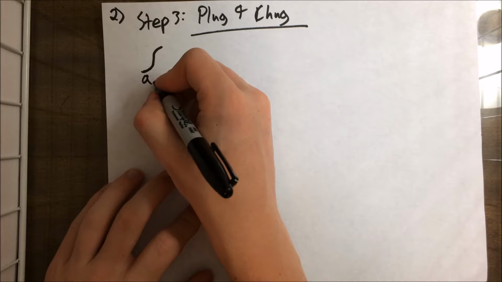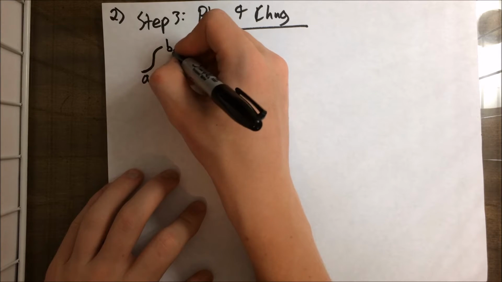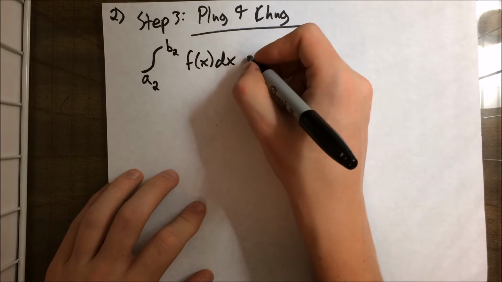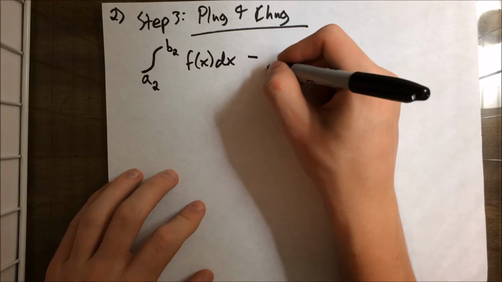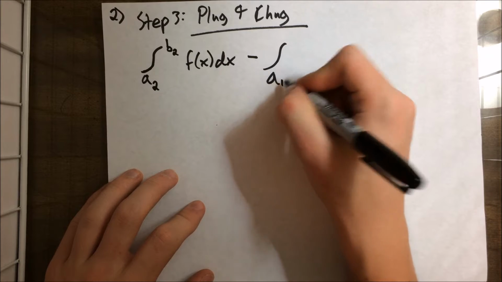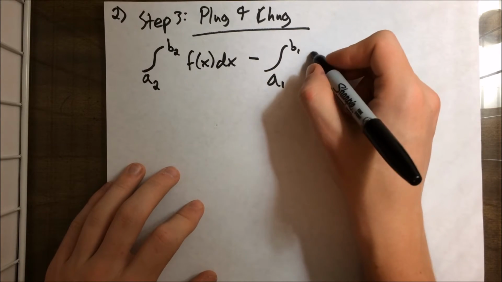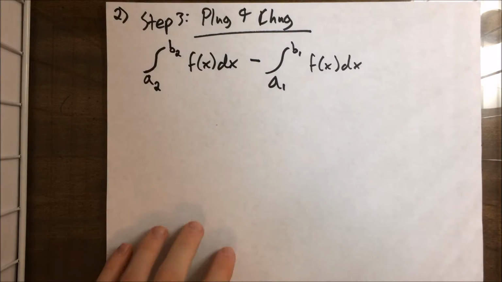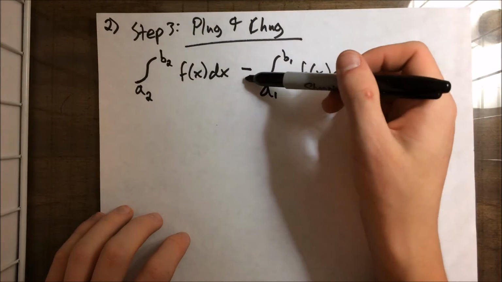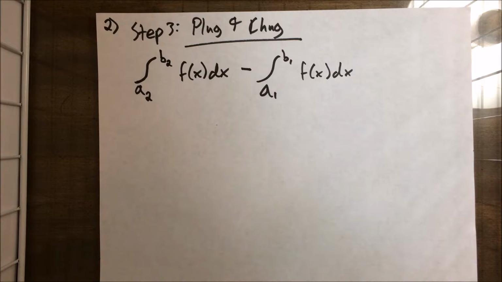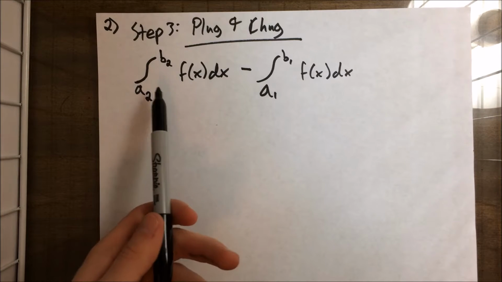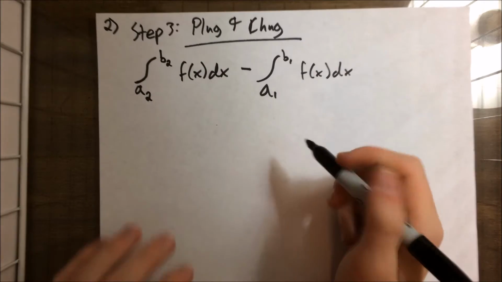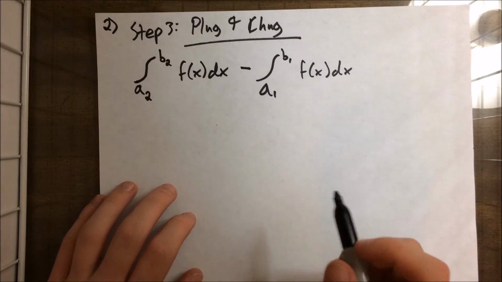So it's going to be the integral from a2 to b2 of f of x dx minus the integral from a1 to b1 of f of x dx. So still, and this is because it's going across the axes that we have the negative, but it's still end minus beginning. It's still taking the same form even before the integral because we're splitting it in half.